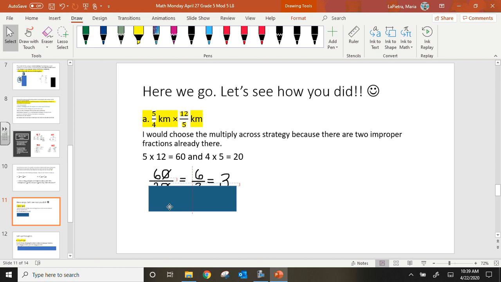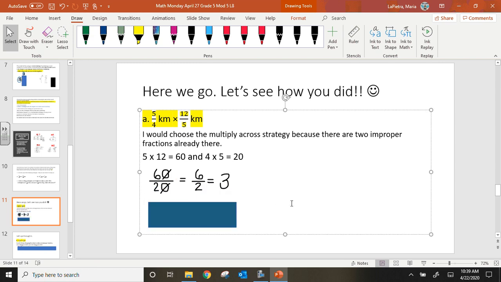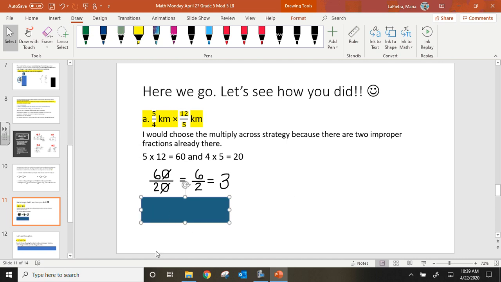And you can cross out your zeros if you would like. 60 over 20 gives you 6 over 2. Or you can say 20 goes into 60 how many times? 3 times.